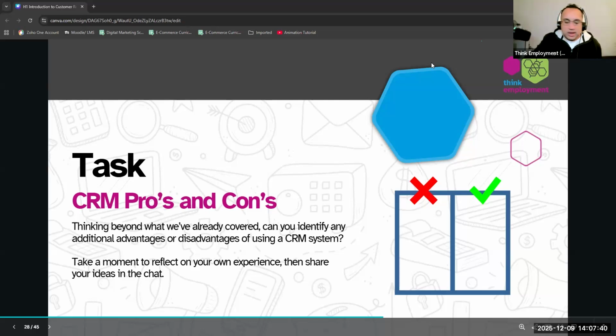But that's good. It's nice to see all of you going through different benefits, advantages, disadvantages of CRMs, and it gives us a better understanding as well. I'm going to share with you a document that you can save. Just bear with me a second. Let me just bring that up.